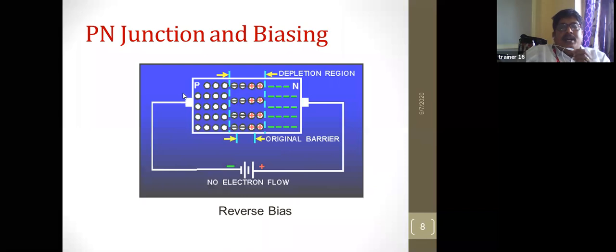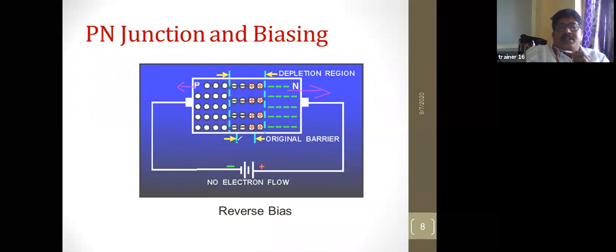In the reverse bias, the P-type is connected to the negative terminal and the N-type to the positive terminal. The negative terminal is connected to the holes, the positive charge, so the holes move in this direction, and the N-type connected to the positive moves in this direction.